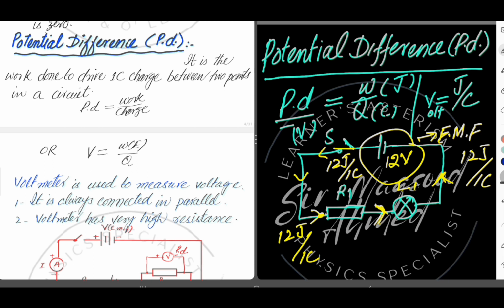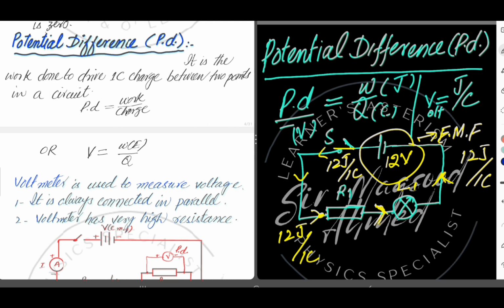But when this 1 coulomb charge passes through the resistor R1, the resistor will use some of the energy according to its resistance or capacity. Let's suppose that the energy utilized by the resistor is 8 joules. The resistor takes 8 joules of energy from the 1 coulomb charge and converts it into other forms.